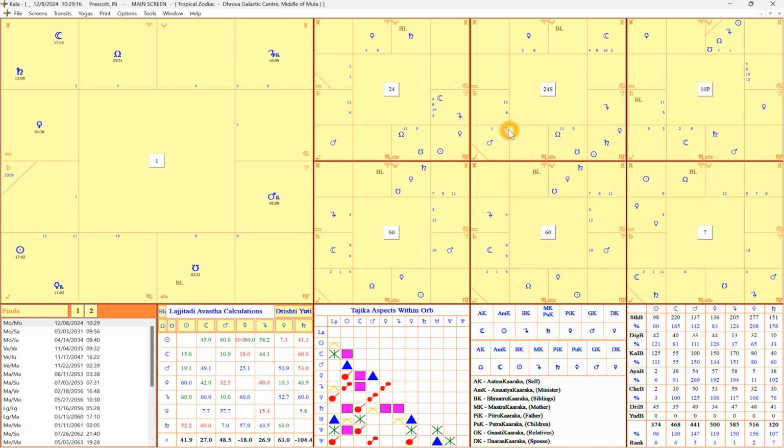Okay? Now, basically, with this 24th Varga, we start the Vargas at the solar nadi, or we start the Varga at the lunar nadi. Okay?